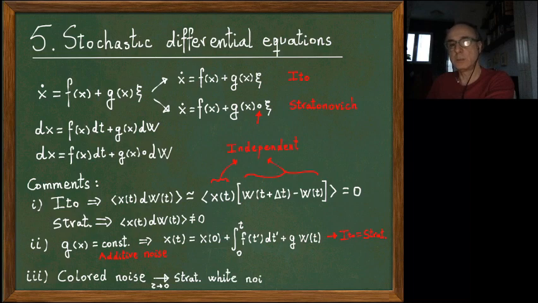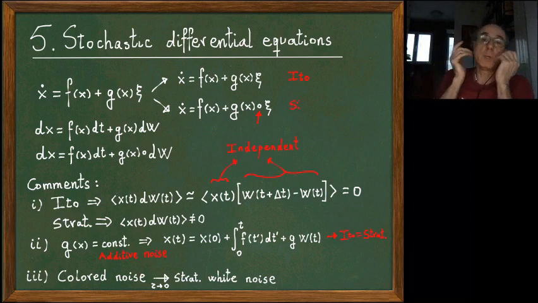This is a very well-known result, but in the 80s there were some papers warning that if in your process you have more variables and you eliminate variables at the same time as you do this limit, sometimes it does not commute with every other limit. But in principle, if I have an equation like that with color noise and I make the limit tau going to zero, where tau is the correlation time, then I get the Stratonovich.